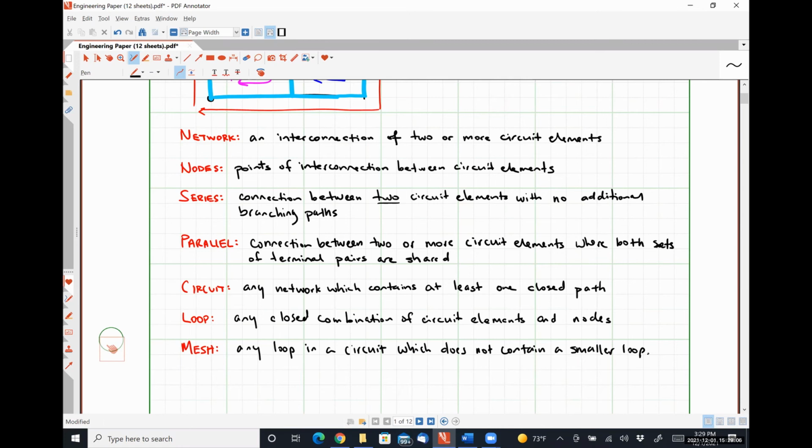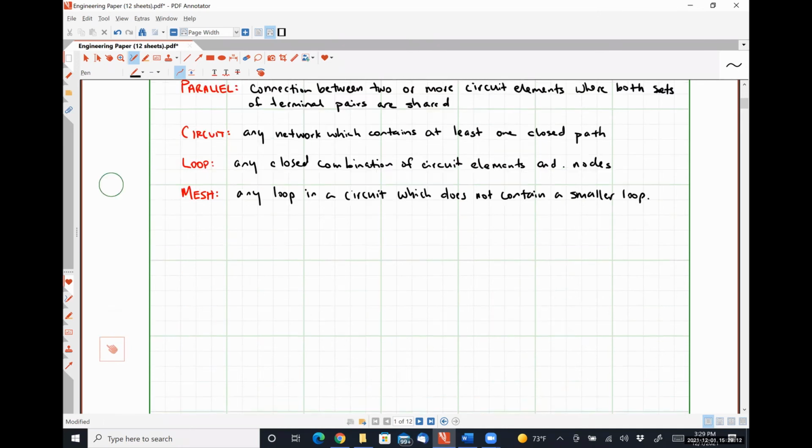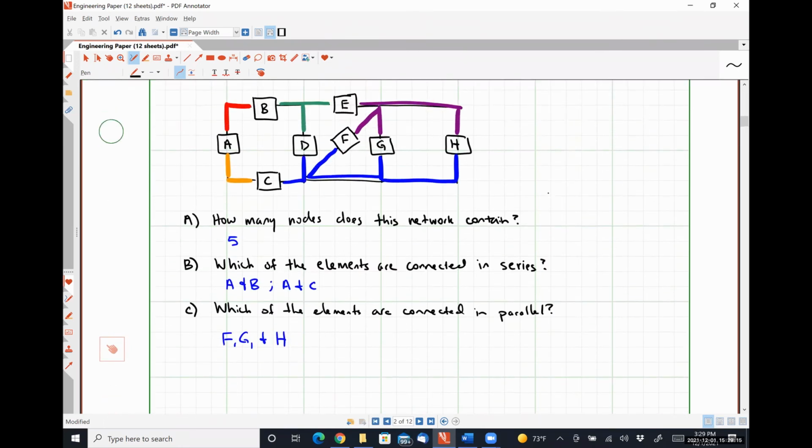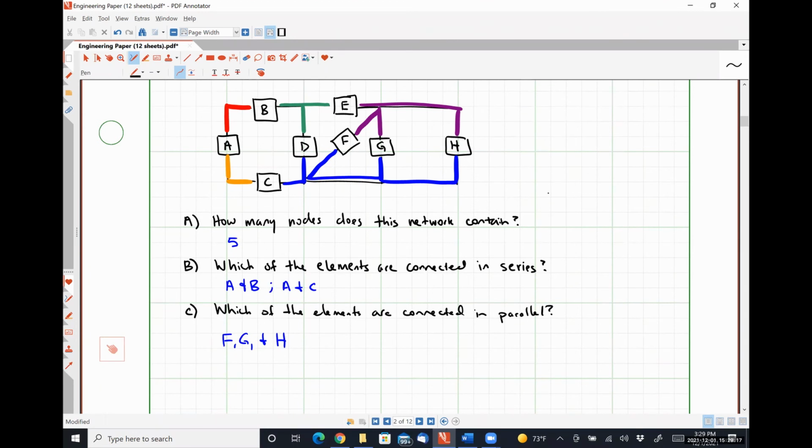All right, so let's wrap things up by looking at this same circuit again, but now figuring out a couple of different things.